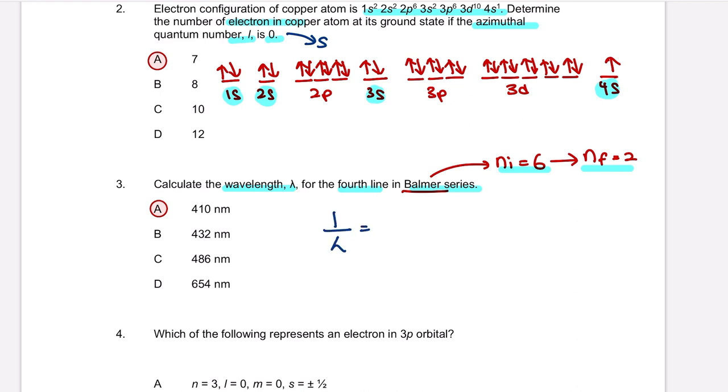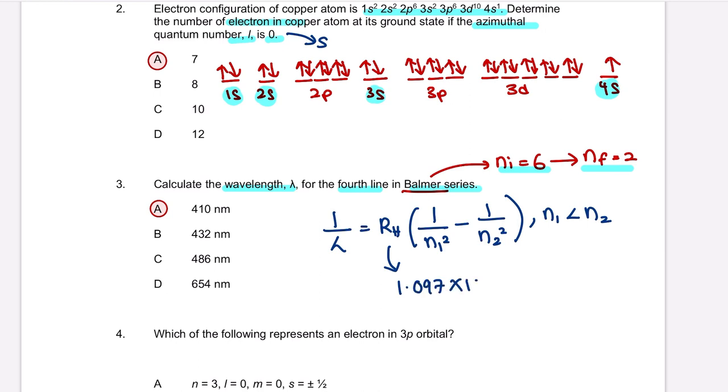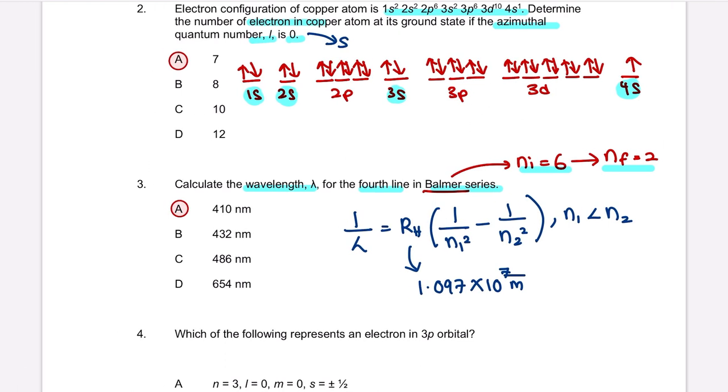And what formula do we have to use? 1 over lambda equals the Rydberg constant multiplied by 1 over n1 squared minus 1 over n2 squared, whereby n1 must be smaller than n2. So please remember to use the correct value of the Rydberg constant, which would be 1.097 times 10 to the power of 7 per meter.